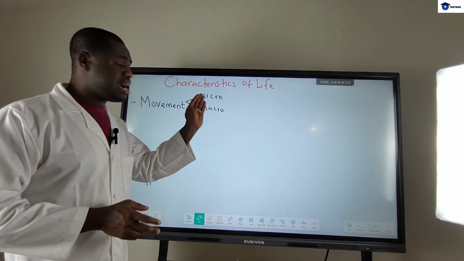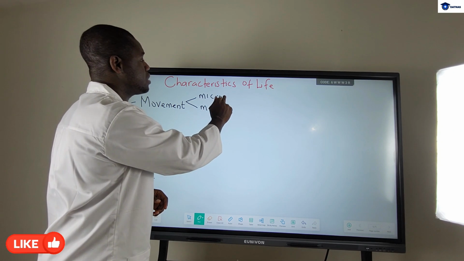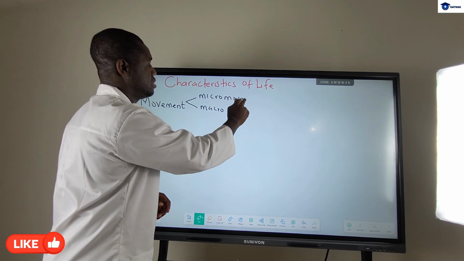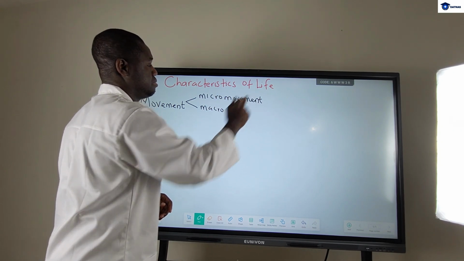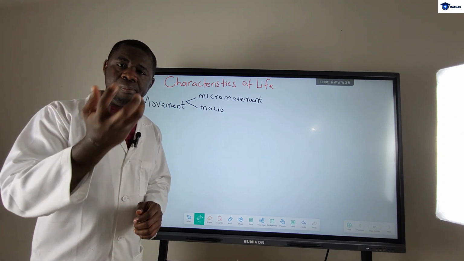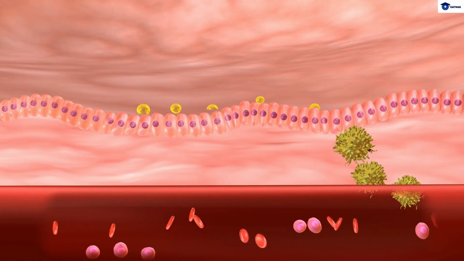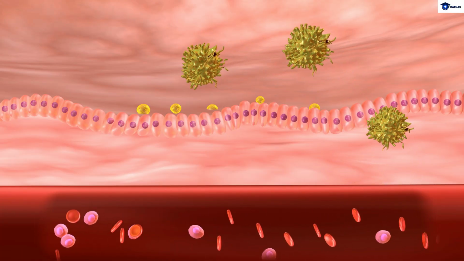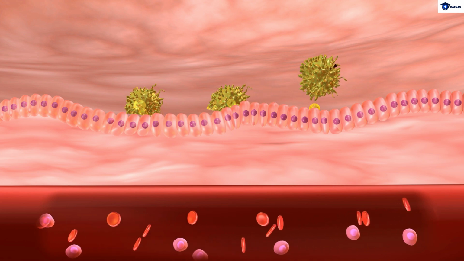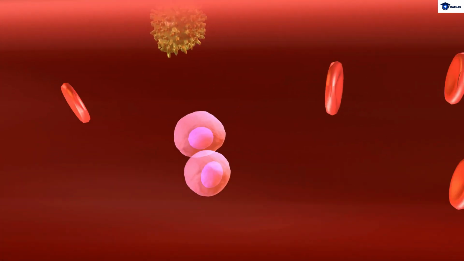All these are examples of a micro movement. The migration of white blood cells to an area of injury, the flow of blood from one part to another is an example of micro movement.